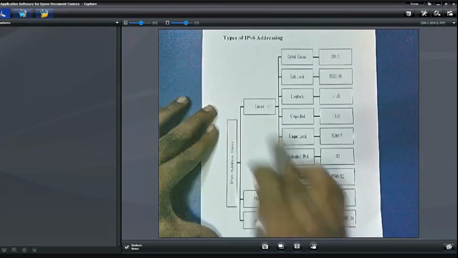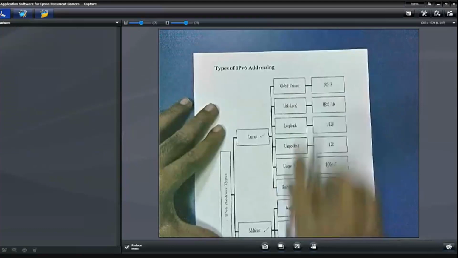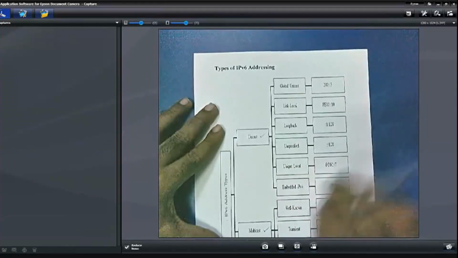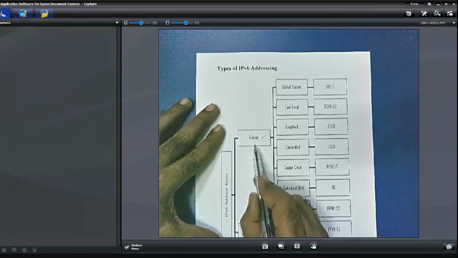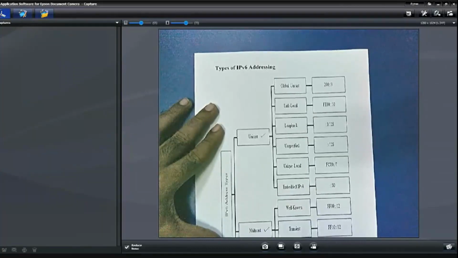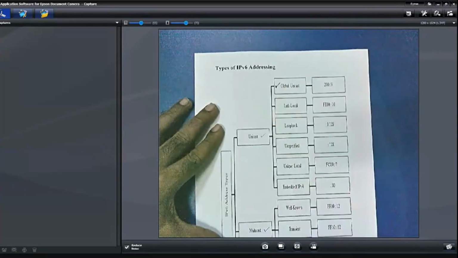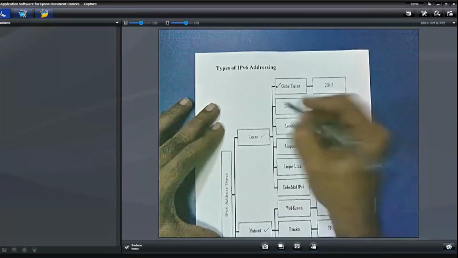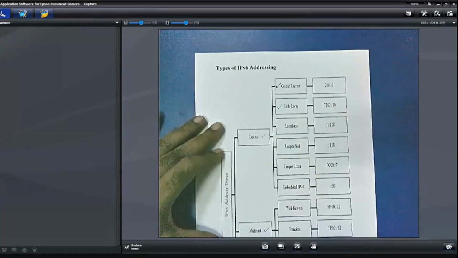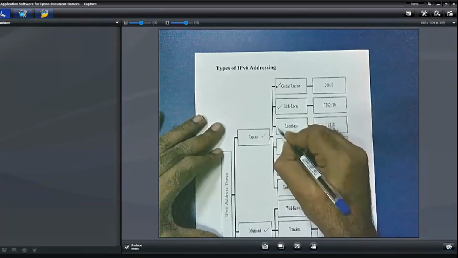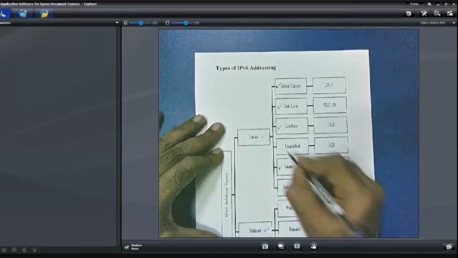In unicast there are many things available, but not everything is given in your lecture. Whatever is given, I make a tick. Only that, if you know it, is enough. So I'm going for unicast. In unicast, global unicast is first, then link local is second, then loopback is third, and the fourth one is unique local.